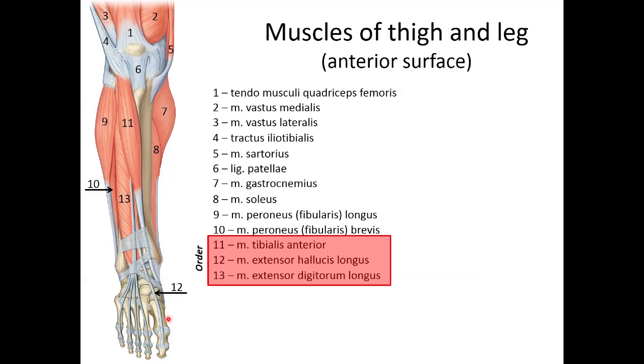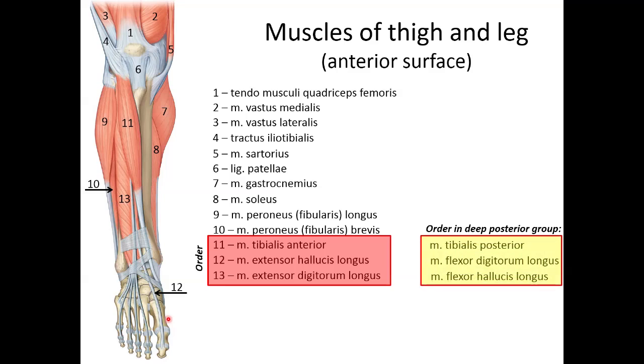And please remember the order in the posterior group. Here it is: tibialis posterior, flexor digitorum, and flexor hallucis. It's easy to forget, but how can we help ourselves not to forget that order, changing only one position?